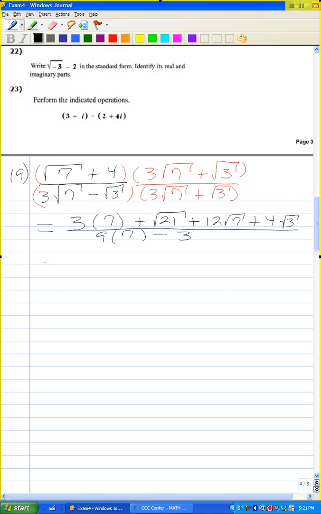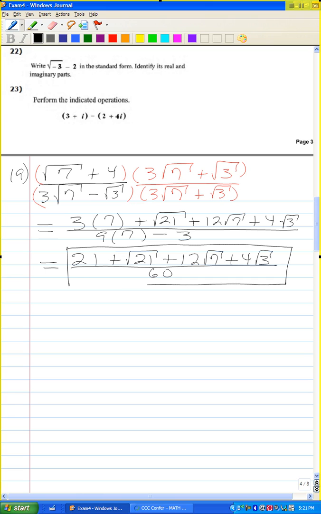And so I get 21 plus radical 21 plus 12 radical 7 plus 4 radical 3. 9 times 7 is 63 minus 3 is 60. And that is your answer.